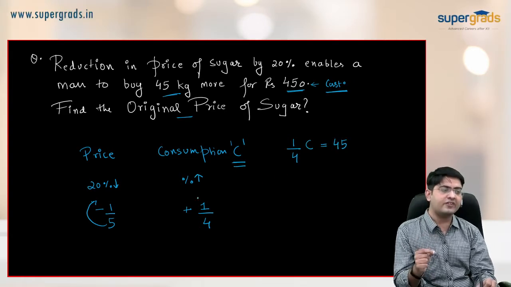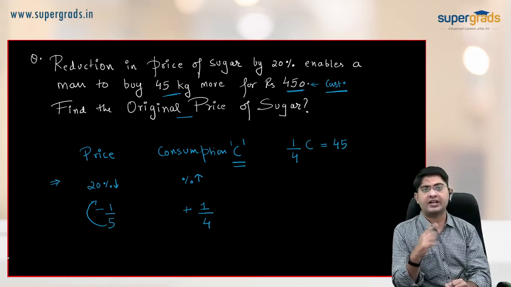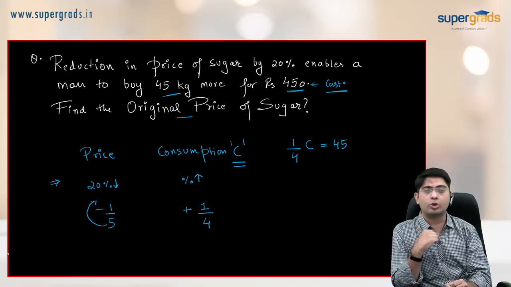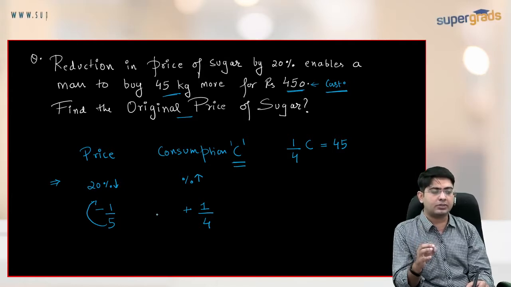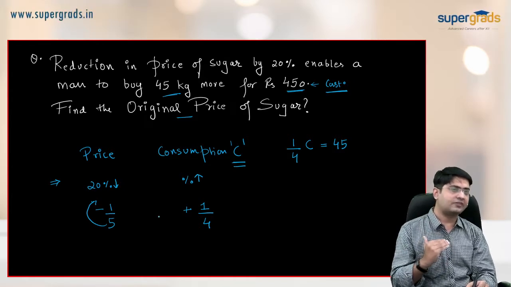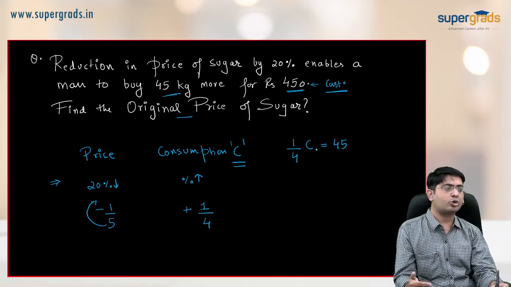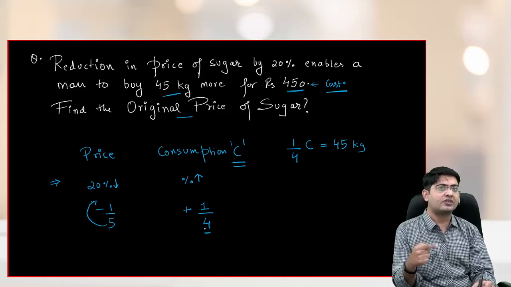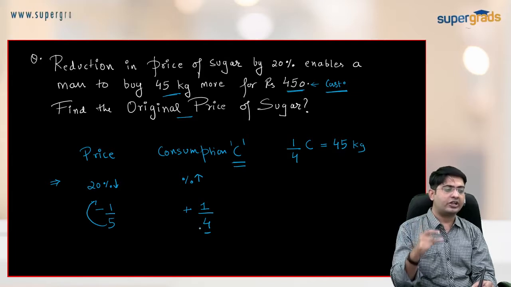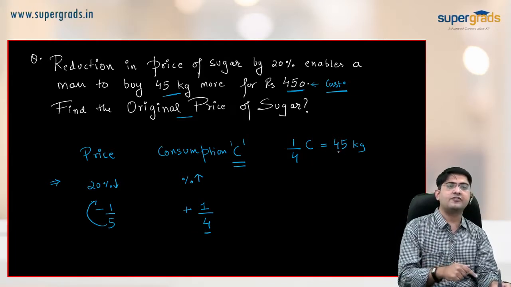You can apply this technique to reach here. It will save your time, and you don't need to make any equation. Just remember that since the price has reduced, consumption will increase because the expenditure is constant. So we know that one fourth of the original consumption was 45 kg, because consumption has increased by one fourth of the original.